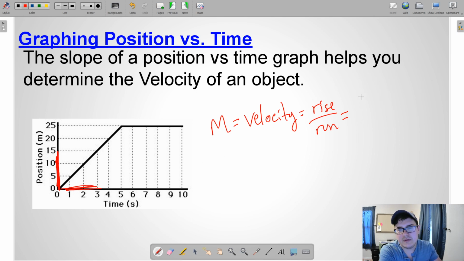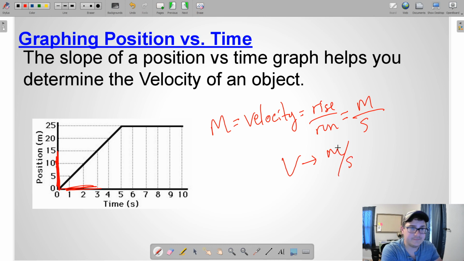So what does that mean? The rise is recorded in meters, and the run is recorded in seconds. And so this tells me it's meters per second, which is the unit of velocity we're using for this class. So the slope tells us the velocity of the object, as long as it's a straight line.